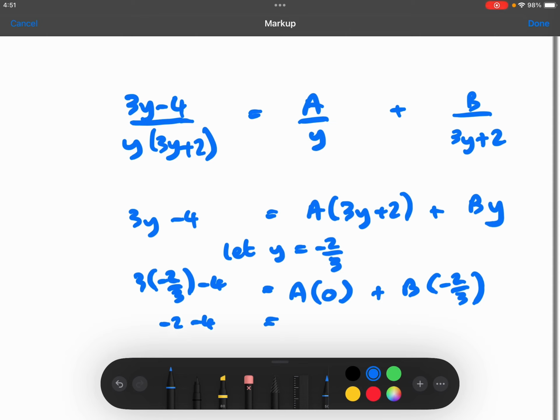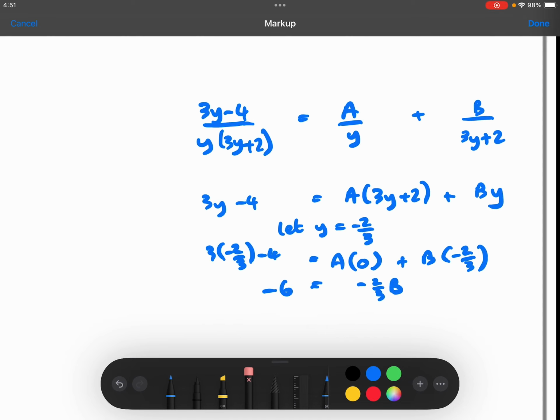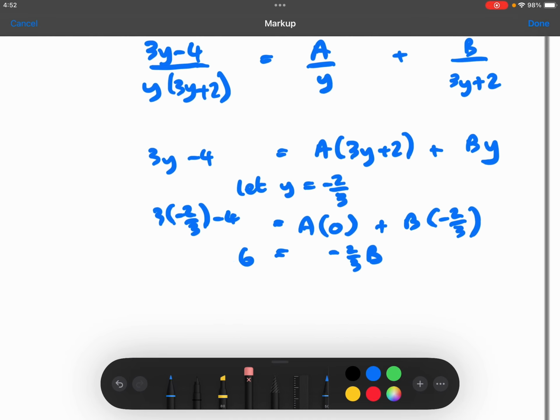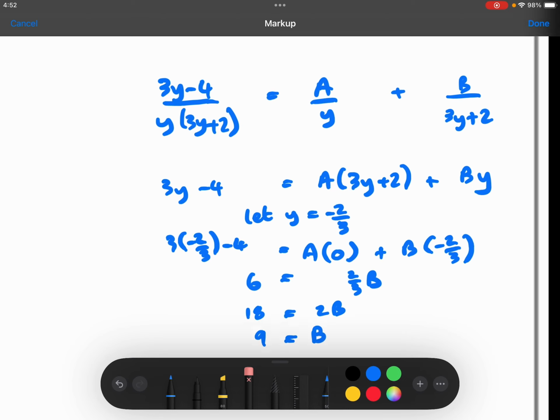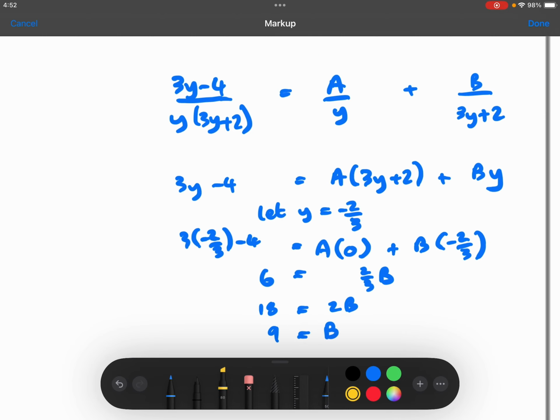The a times 0 is just 0. The b times minus 2 over 3. This is minus 6. Remove the negatives from both sides, times both sides by 3, and divide both sides by 2. So b is 9, so I can replace the 9 here.